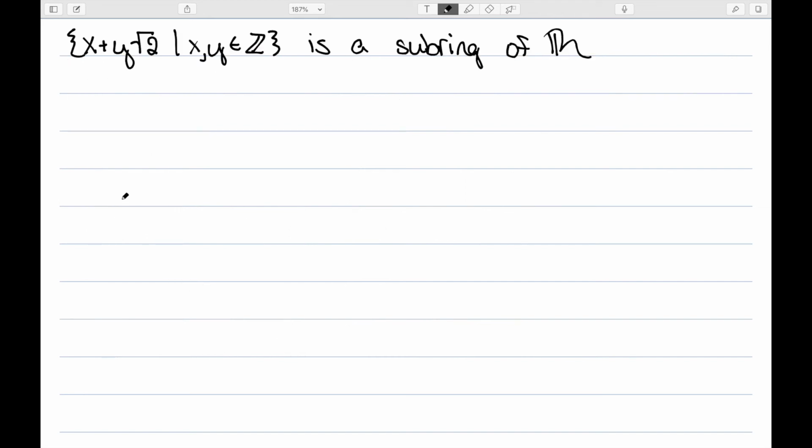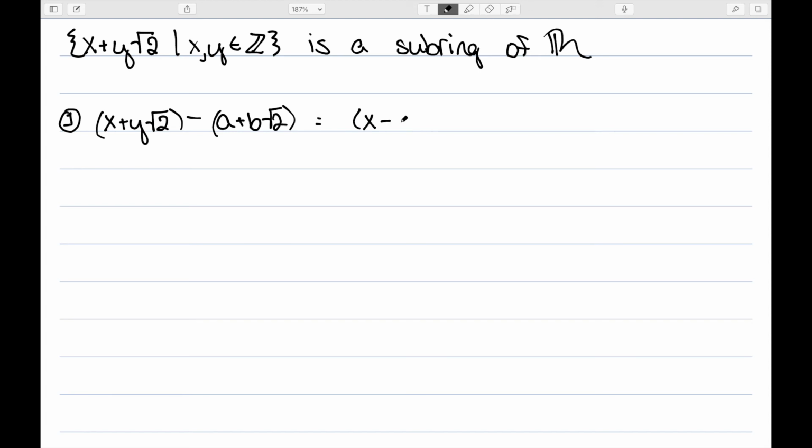Let's do one more. Let's show elements of the form x plus y square root of 2, where x and y are integers, is a subring of the reals. The first thing, we need to take two elements of this form. We'll say x plus y root 2 and a plus b root 2, and we need to subtract them.